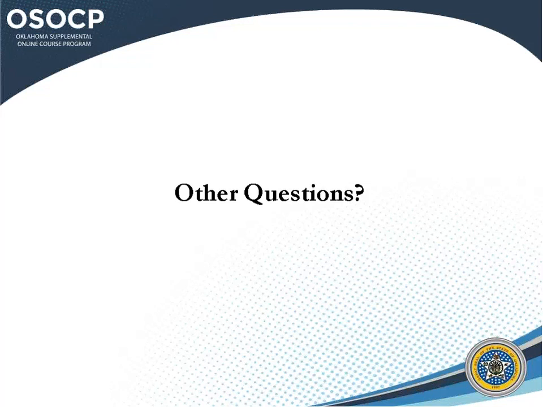Yes, the answer is yes. The SDE administrative rules provide guidelines that suggest a student can take up to 5 online courses in a given day. So if you've got a 6-hour school day, 5 of those can be online, and only 1 of those has to be brick and mortar, and there are no parameters set for what that brick and mortar course has to be.